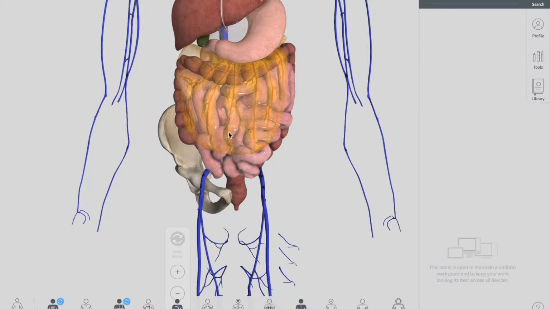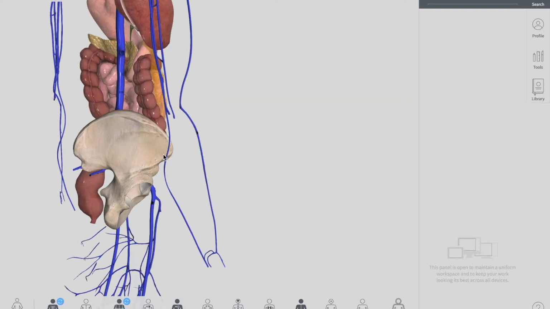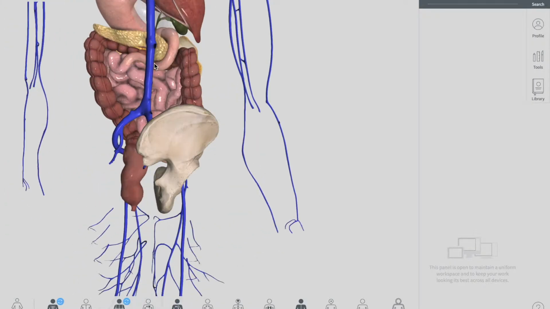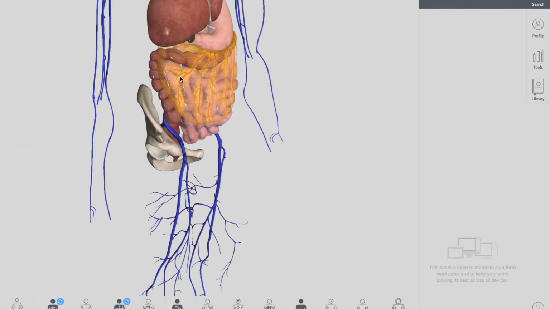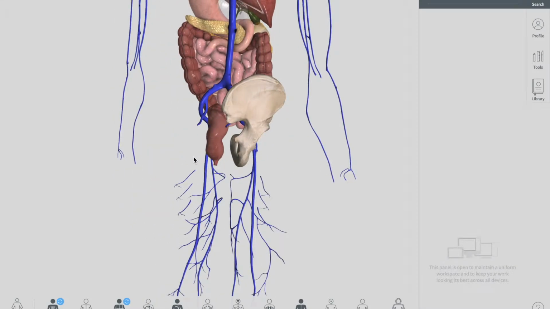And I talked about earlier that the superior drains into your portal vein, which goes into your liver. And the anastomosis between the portal and systemic veins is located in the wall of the anal canal, which makes this a site of portocaval anastomosis.